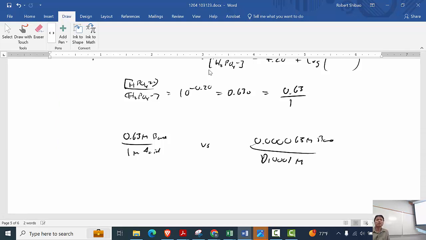All right, what's the difference here between these two? This one has a higher capacity. This one has a lower capacity. But they both should have the same pH. Until I get too low.